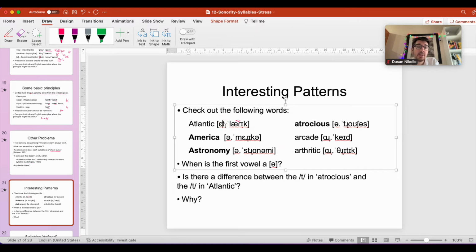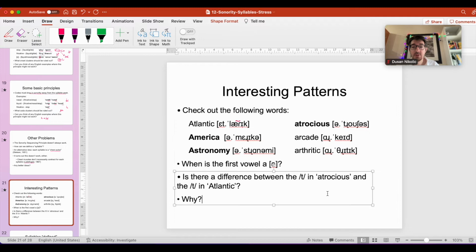Well, because of the notion of a syllable, and because "till" does not follow the sonority sequencing patterning, right? We don't have syllables that start with "till", but we have syllables that start with "ter", right? And we don't have syllables that start with "erk". There are no words in English that start like this, right?